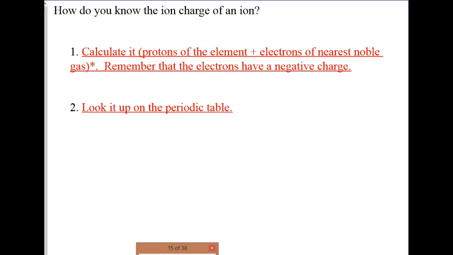Is nitrogen a non-metal or a metal? It's a non-metal. Does it have an ion charge beside its symbol? Yes, which means it's an ion and you have a name change. So rather than writing nitrogen, the name should be nitride.